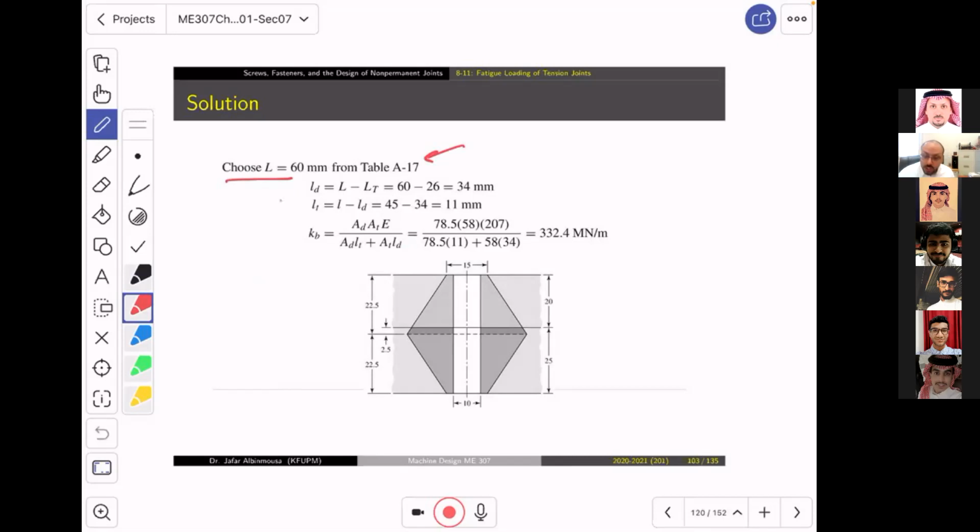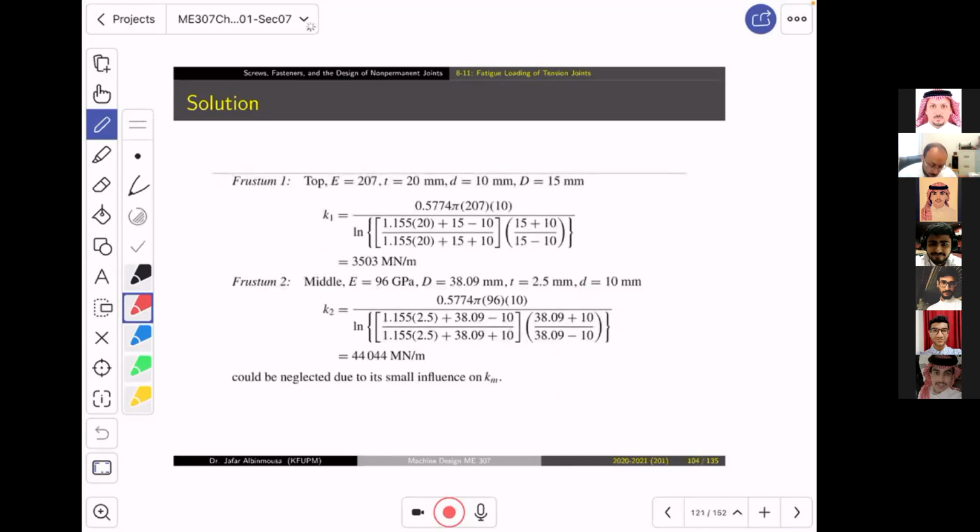Then we find small LD, small LT, and then we find KB. KB is very, very important. Then, ya shabab, we draw this diagram and we decide that there is one frustum, and then another one, and then a third one. So you know the business now. You find K1.